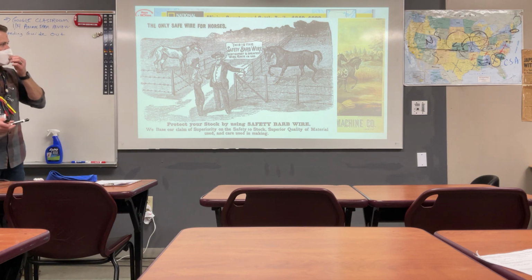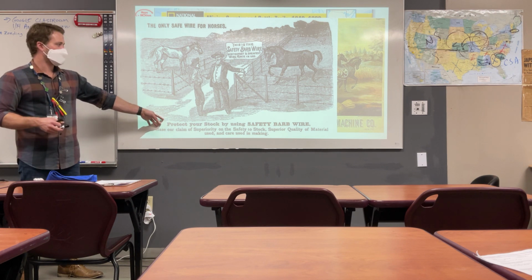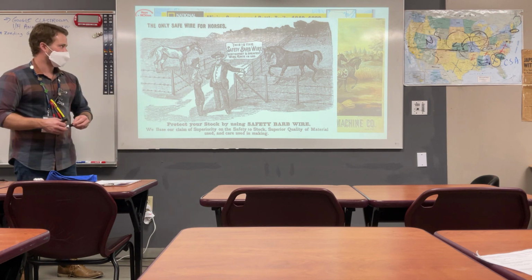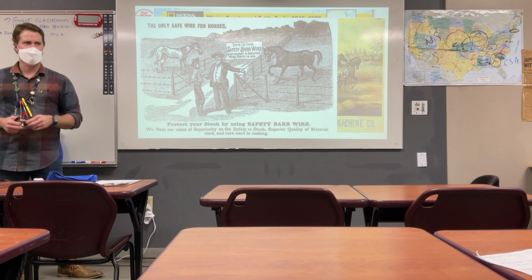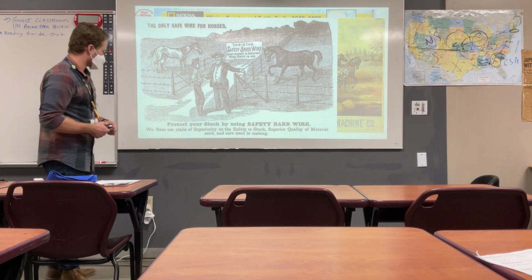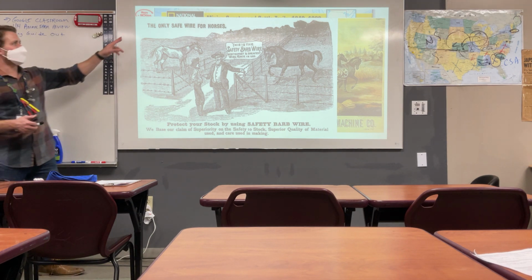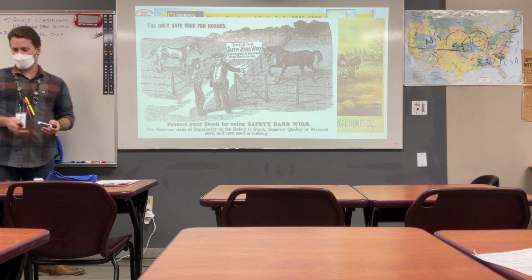That's an advertisement from the 1880s. Protect your stock, the cows, by using safety barbed wire. I'm not quite sure how safe it is because it's barbed wire, but hey. The best, safest, and cheapest wire fence in use. The only safe wire for your horses.